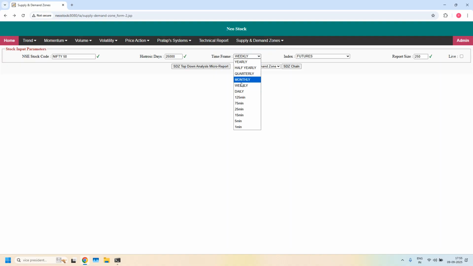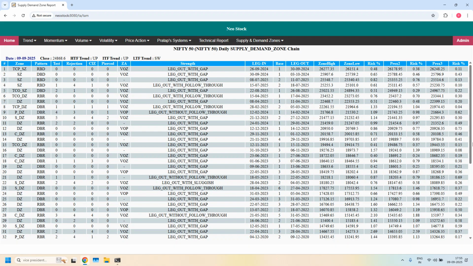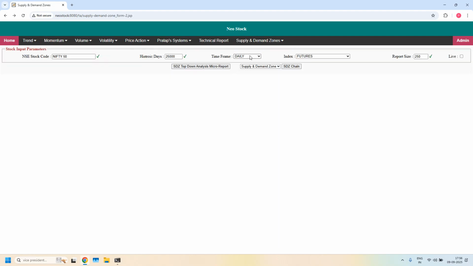Next, generating a daily supply demand zone chain for Nifty. Next, generating 125 minutes supply demand zone chain for Nifty.